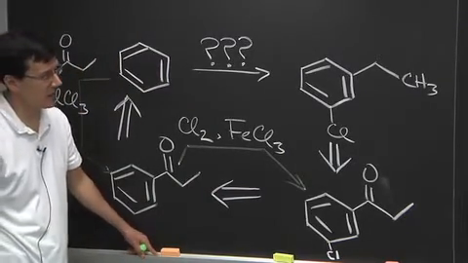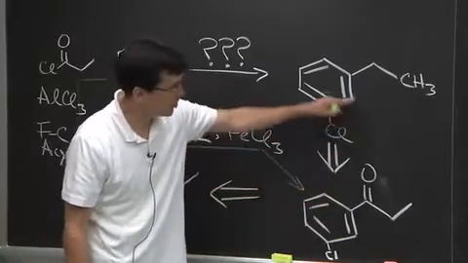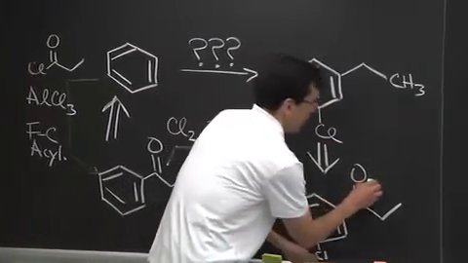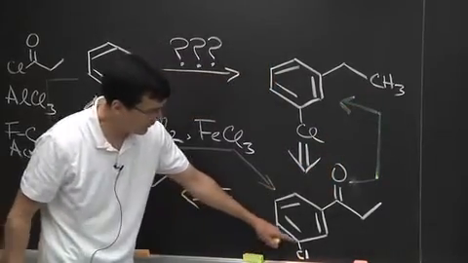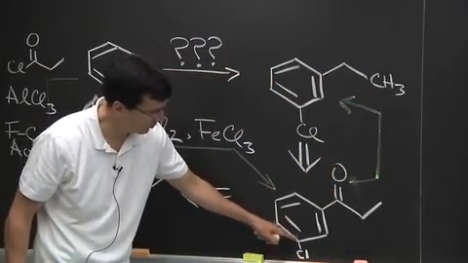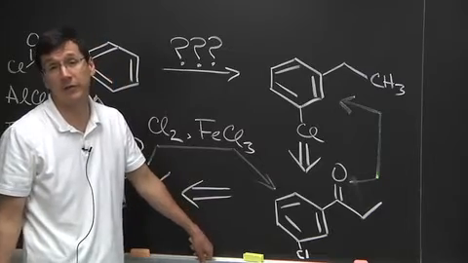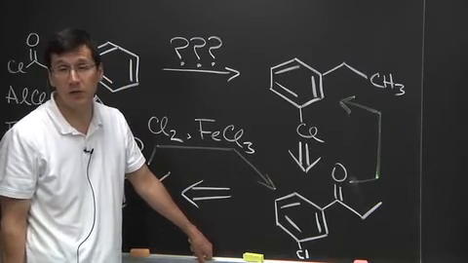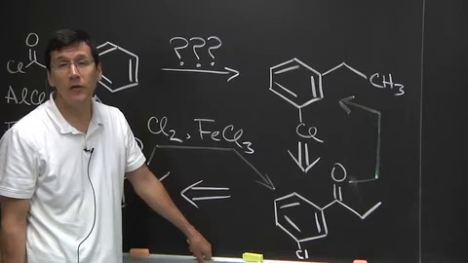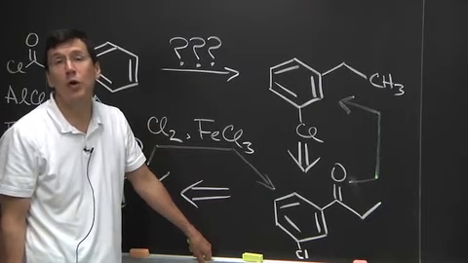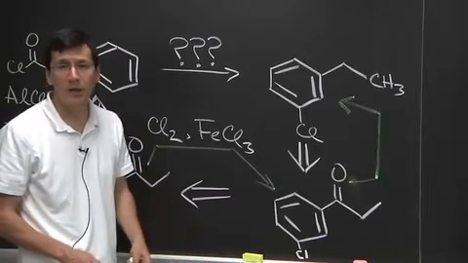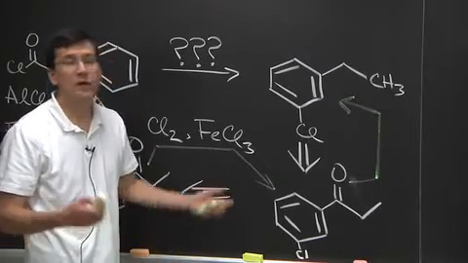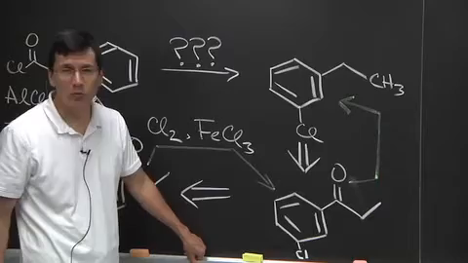And then finally, this transformation here, we need to do a reduction. It turns out that aryl chlorides might be susceptible to reduction themselves under Clemmensen reduction conditions. So in this particular case, it would probably be better to use a Wolff-Kishner reduction than a Clemmensen reduction. If you ended up using the Clemmensen reduction, it wouldn't be the end of the world.